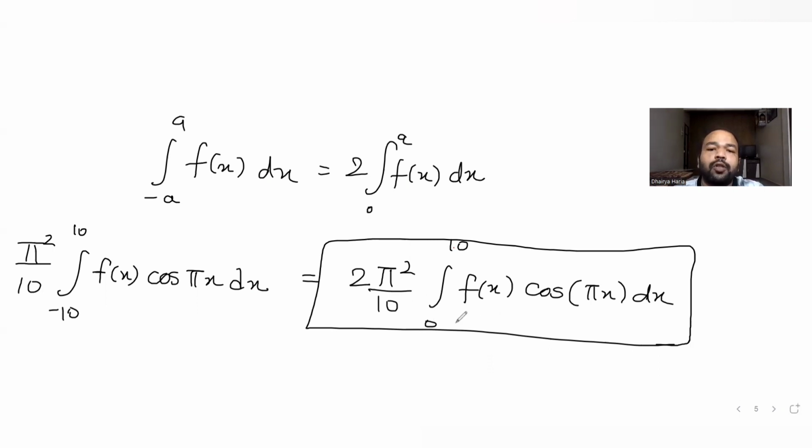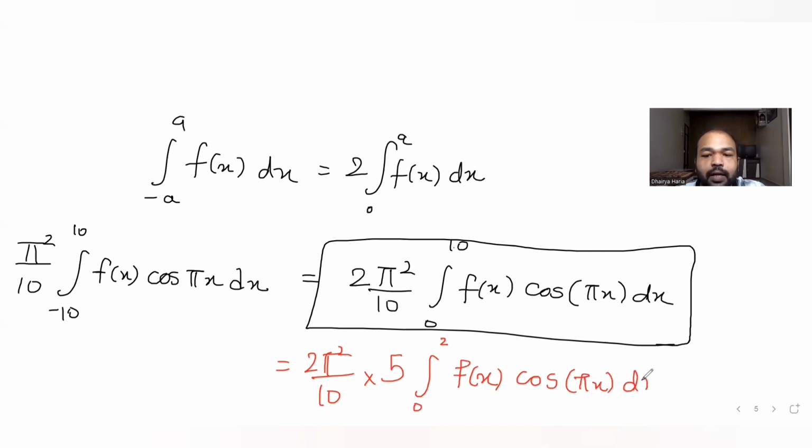All of them follow the same idea. So I can write this entire expression as 2 pi square by 10 into 5 times the integral from 0 to 2, because whatever is followed from 0 to 2 is the same as what follows at intervals 2 units later, of f of x cos pi x dx. So this is the new value of the expression.